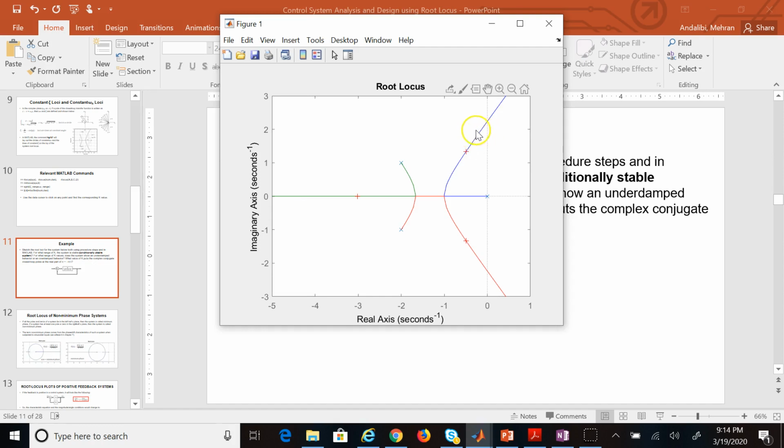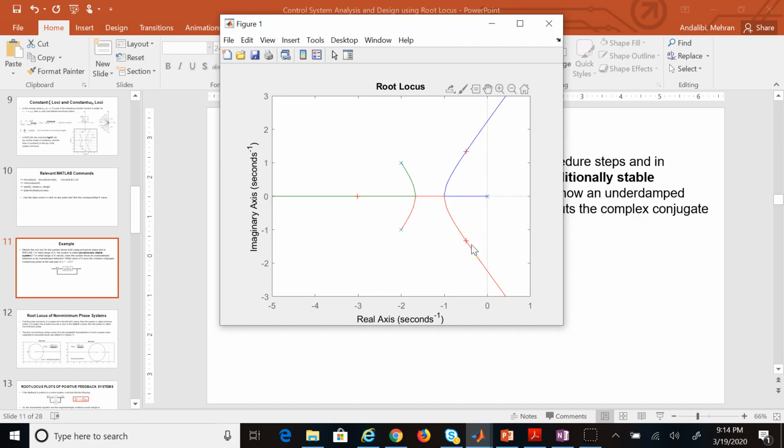But these 2 terms, because they are non-zero imaginary, would always show oscillatory behavior. So when you combine them all together, still the system shows underdamped behavior, oscillations.